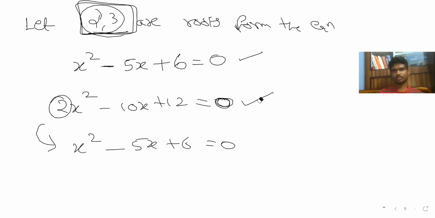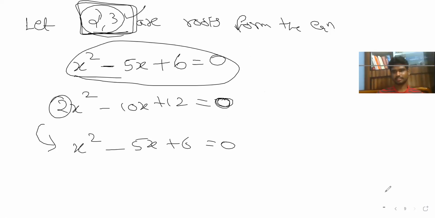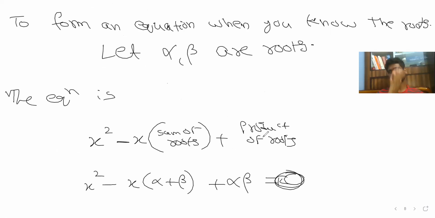Now you know how to form an equation when you know the roots and the relation between the equation and the roots, right? For remembering this, see this: it forms an alternating pattern. First you have plus, next you have minus, again you have plus. Since it is degree 2, it is limited over here.